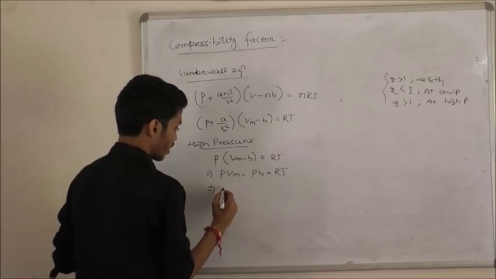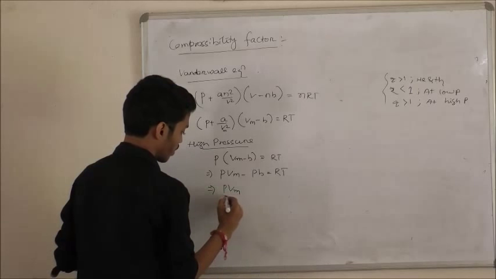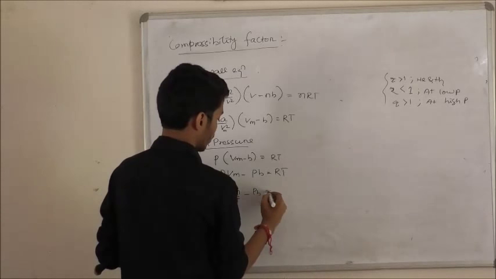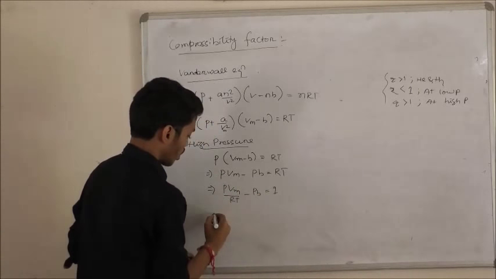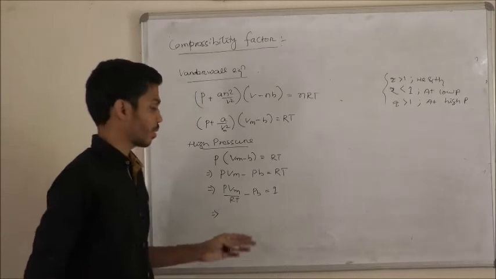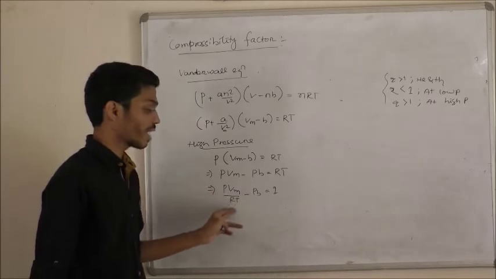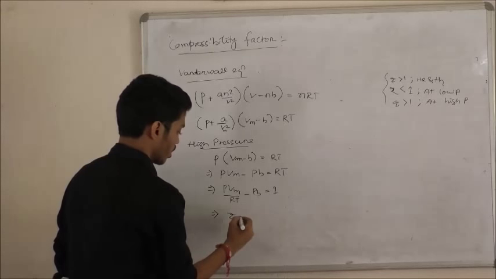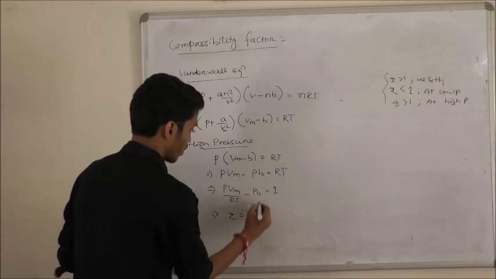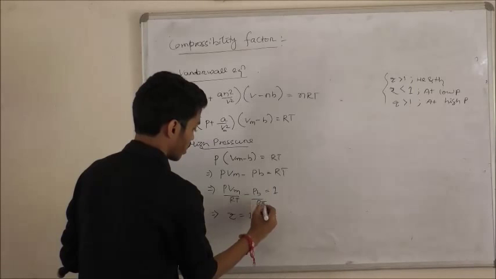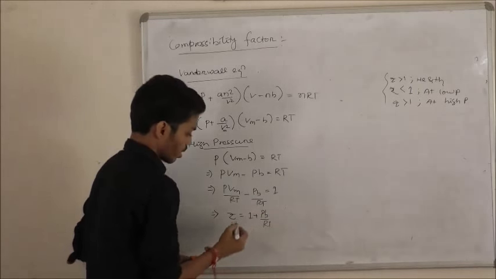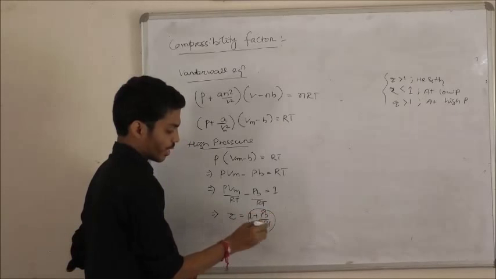If we divide RT on both sides, PVm/RT − Pb/RT = 1. Let's remember, dear students, PVm/RT was Z. So Z = 1 + Pb/RT.